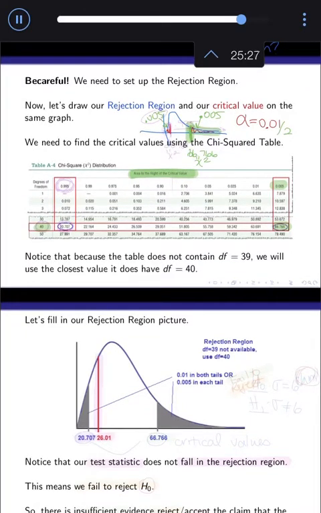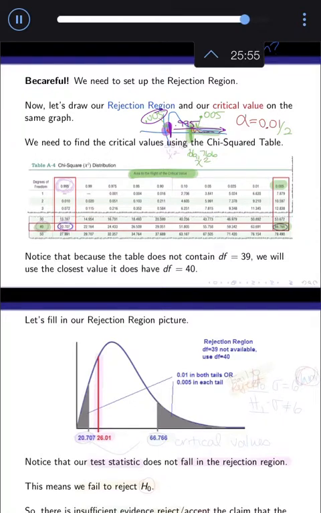You still need to find the chi-squared that's going to make up your lower end, your left end of your rejection region. The problem is you have the area on the left. The table wants the area to the right. Well, the area to the left was 0.005, so the area to the right will be 1 minus that, which is 0.995.